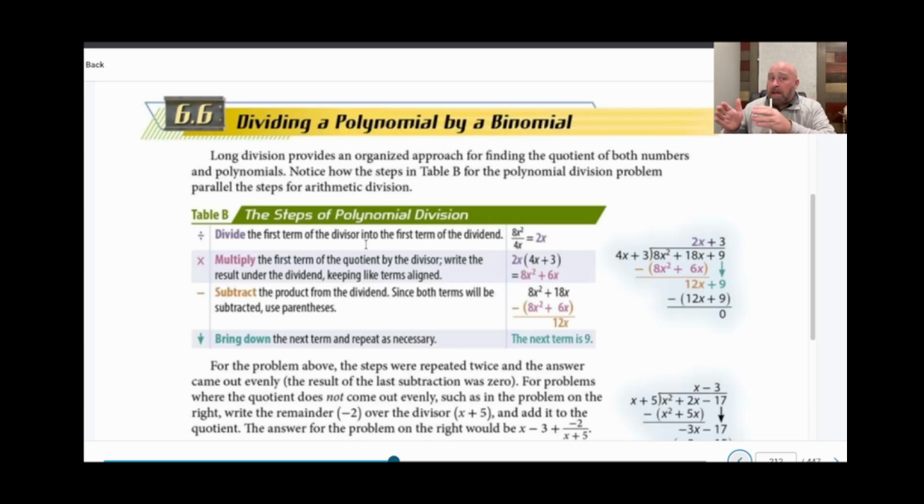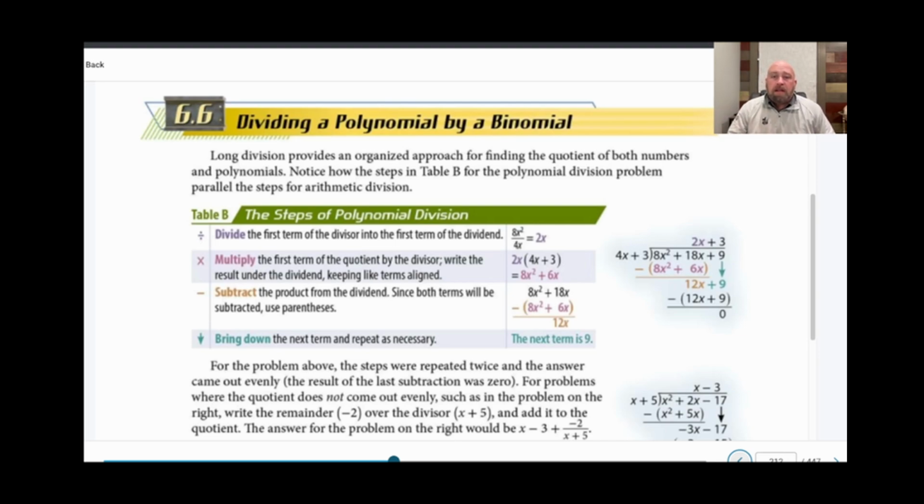You don't divide the whole binomial into the whole trinomial. Then you put that number up at the top. Then you multiply the first term in the quotient that you get, in this case the 2x, by the whole rest of the divisor. And then you subtract, and then you bring down, just like when you did these in baby math.